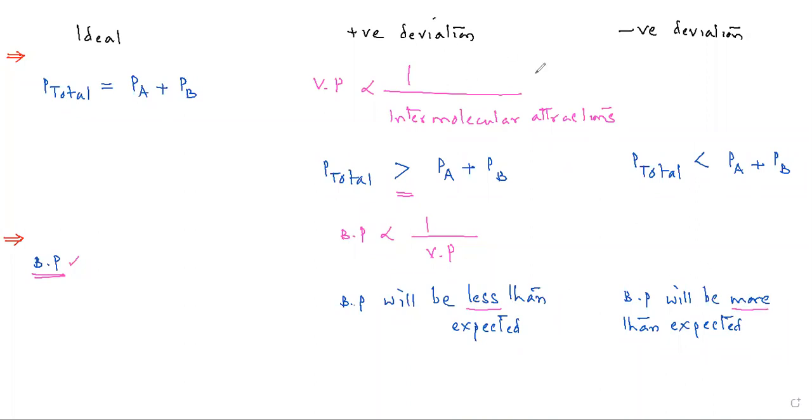Now, the same thing is technically given as, see, because the boiling point is less than what is expected, we call these mixtures minimum boiling azeotropes.